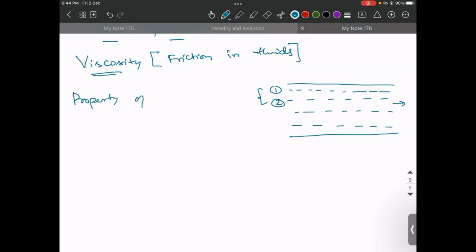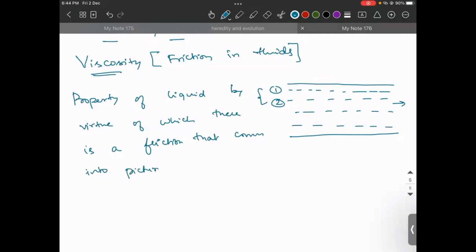So property of liquid by virtue of which there is a friction that comes into picture to oppose the relative motion between the layers. Okay.